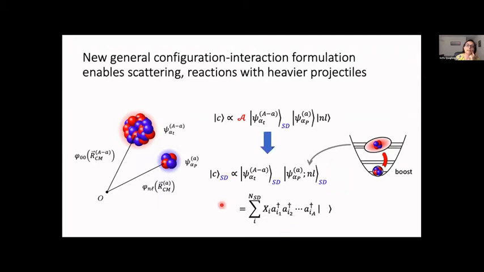So what this means is that the channel state can be represented as a sum of Slater determinants. And so this means that we don't need any longer to explicitly antisymmetrize. Everything is taken care of easily. And this means that one can start using this approach to do reactions with alpha particles and even p-shell projectiles.